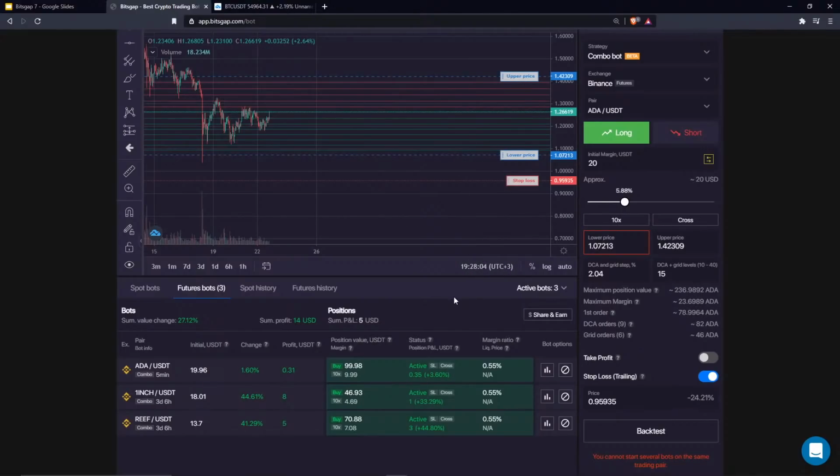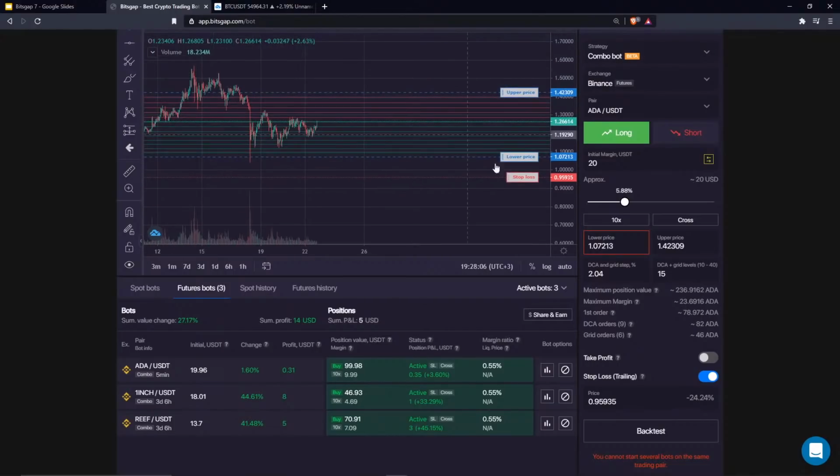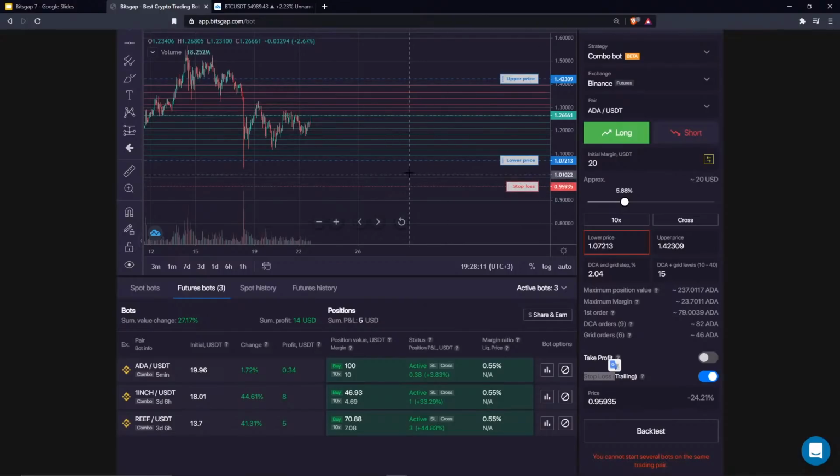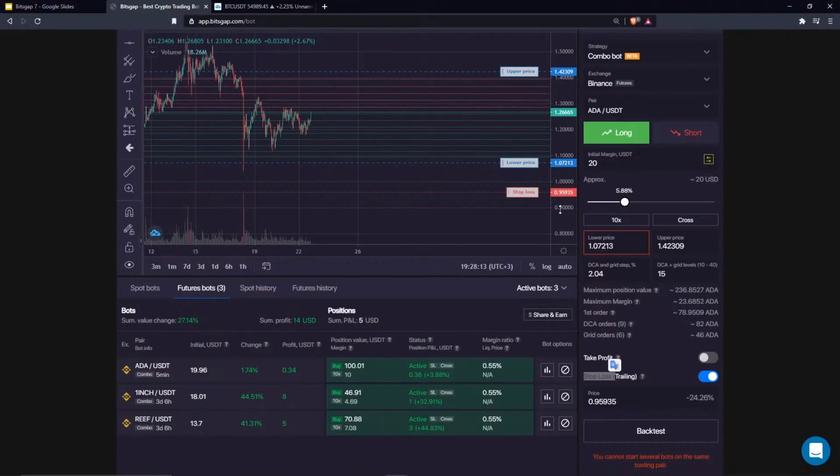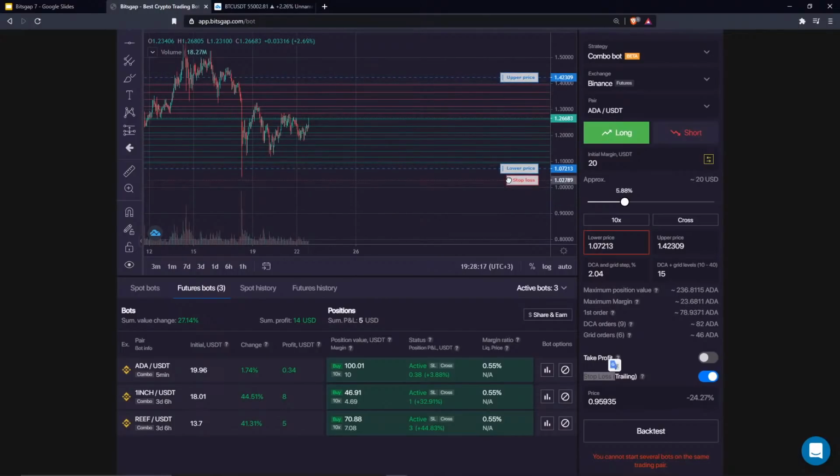And for the combo bot, we have stop loss. You know that stop loss is the tool that we use to minimize the loss. For example, if I set it here, if the price falls to that point, this is where I want my trading to stop, because I think it can go even lower, and I don't want to bear this larger loss.